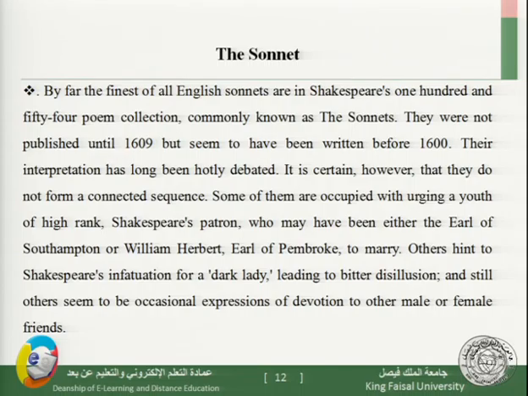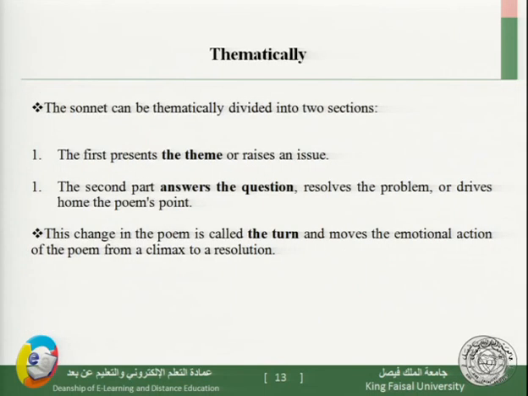Some of them urge a youth of high rank, Shakespeare's patron, who may have been either the Earl of Southampton or William Herbert, Earl of Pembroke, to marry. Others hint at Shakespeare's infatuation with a dark lady, leading to bitter disillusion, and still others seem to be occasional expressions of devotion to other male or female friends.